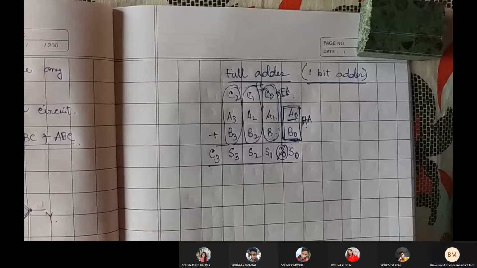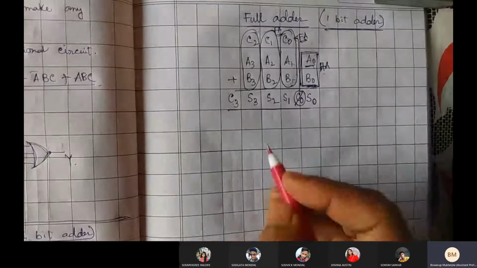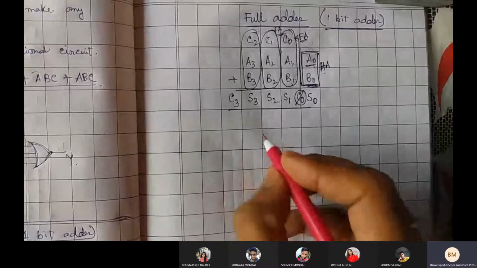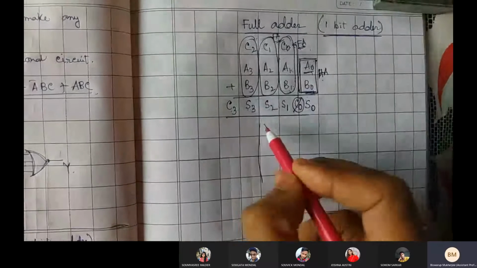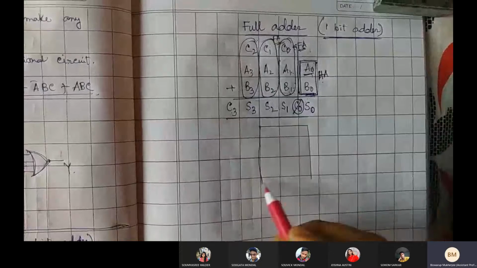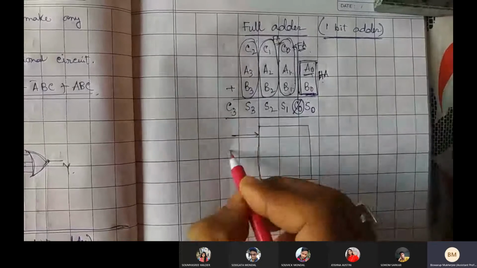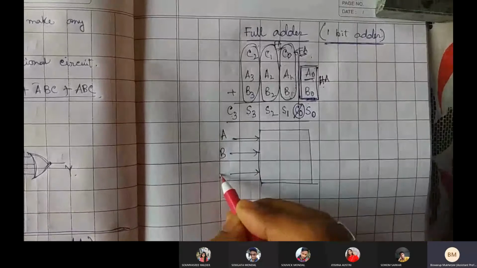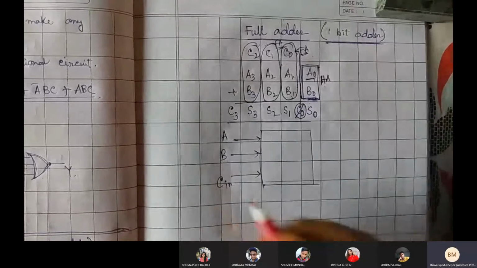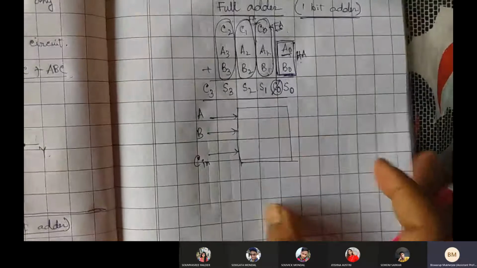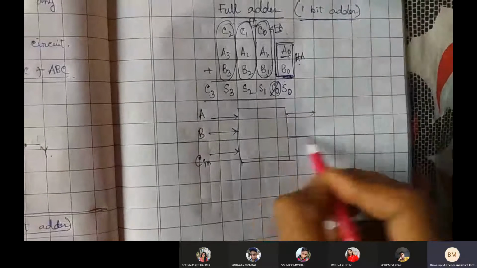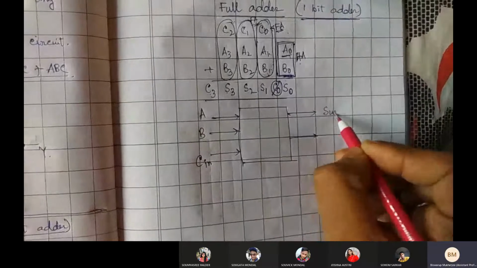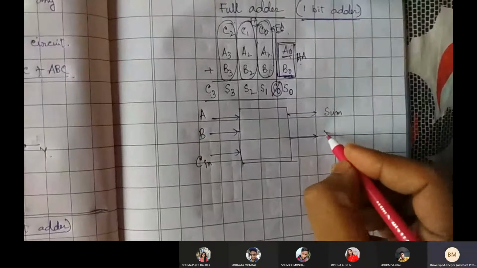Now, obviously, it can have 3 inputs. So the block for a full adder will contain 3 inputs, A, B, and C. Maybe it's called C in, carry in, and it will be having similarly sum and carry.